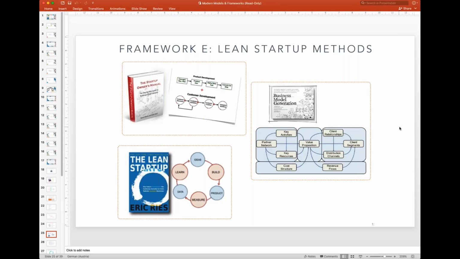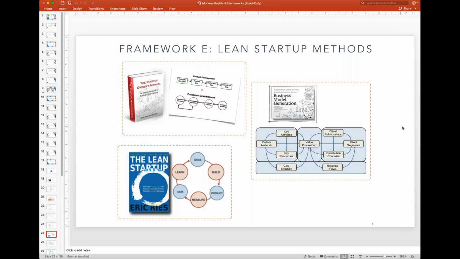Lean startup methodologies: three main frameworks, mini frameworks, and three books correlating to those. So the first one is The Business Model Generation by Alexander Osterwalder, who brought the business model canvas to the world.